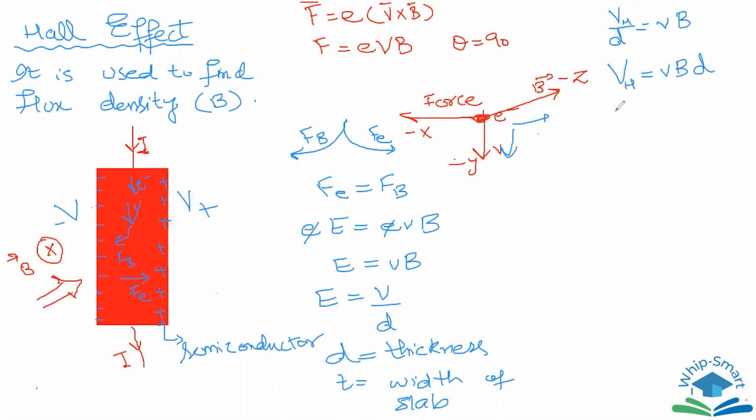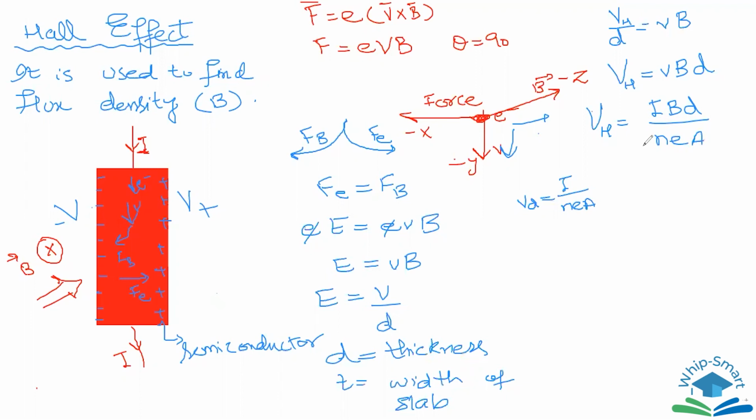So by using the value of drift velocity, the formula for drift velocity is VD equals I by NEA. By putting this value here, we get IBD by NE and area.